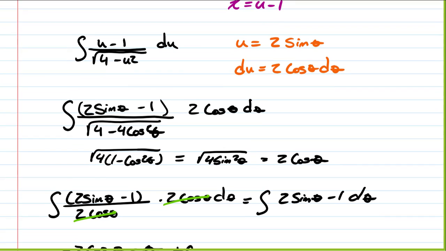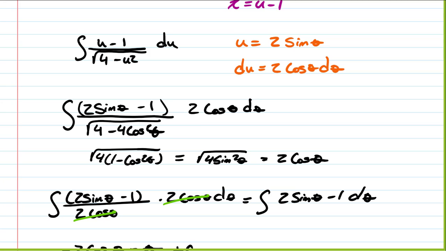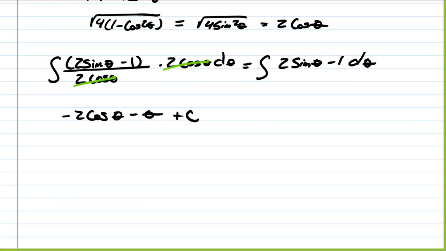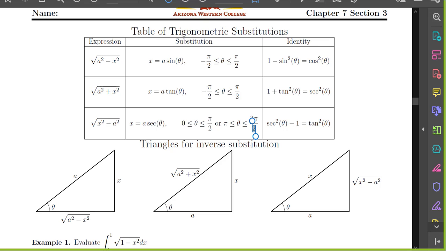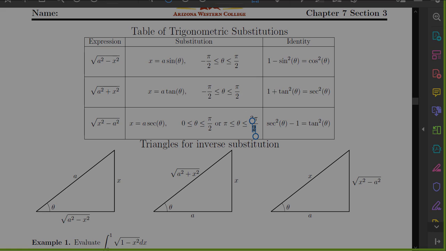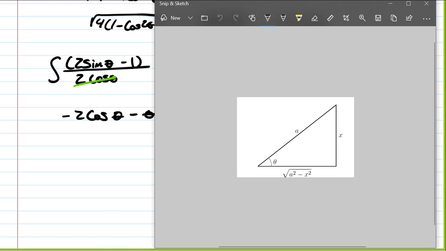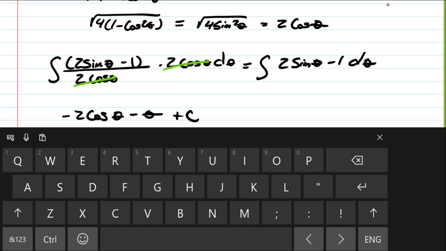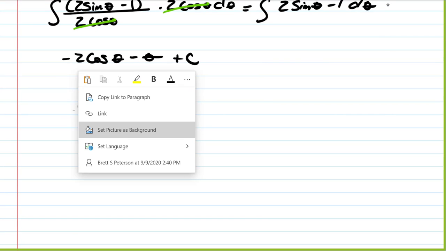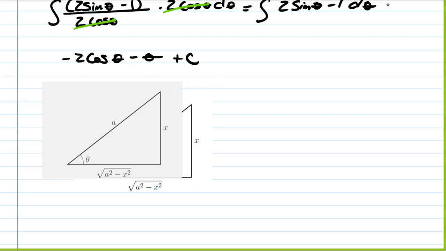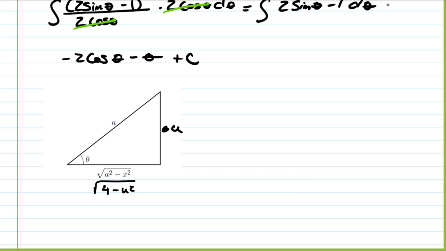So our first substitution is u equals 2 sine theta. So we grab our triangle. So our triangle is going to be this guy right here. And so this was 4 minus u squared, and that makes this u, and that would make this 2.